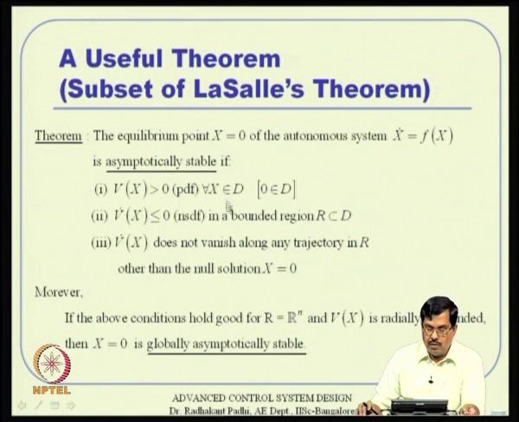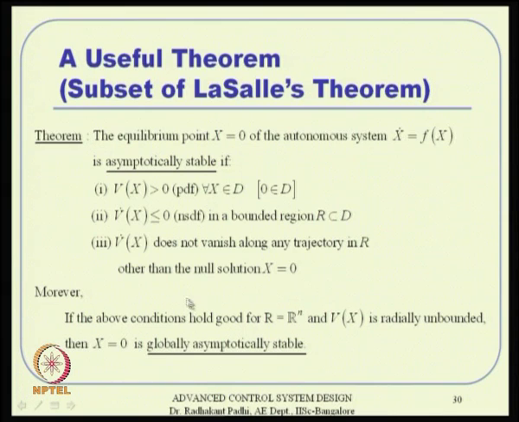So, then we can still conclude that the origin x equal to 0 is globally asymptotically stable actually, provided V of x is radially unbounded. If not radially unbounded, then you can always say it is stable or locally asymptotically stable basically.